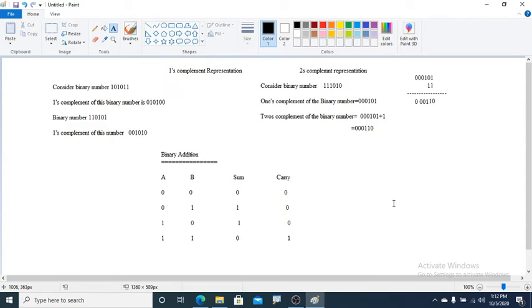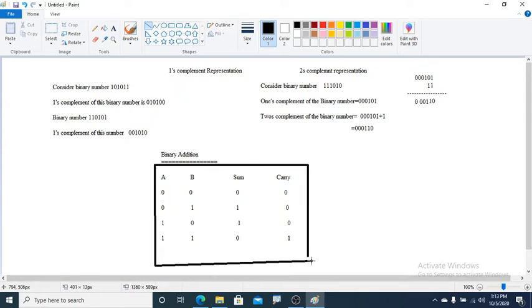Okay now, I will draw this chart. Wait some time.